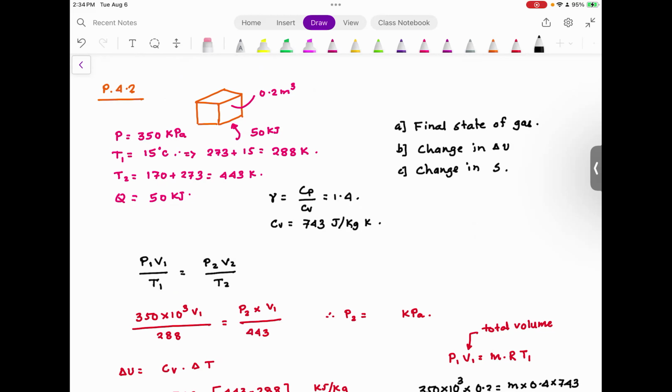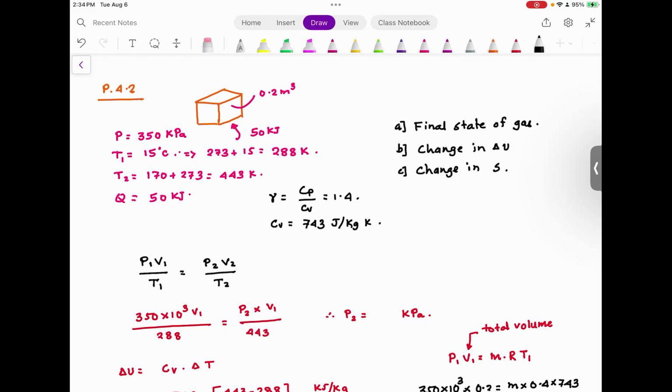Let me quickly write down this. This is the equation that I wrote in last class. And these are the two most important equations that you should remember. For any process, change in the internal energy is CV multiplied by the change in the temperature.